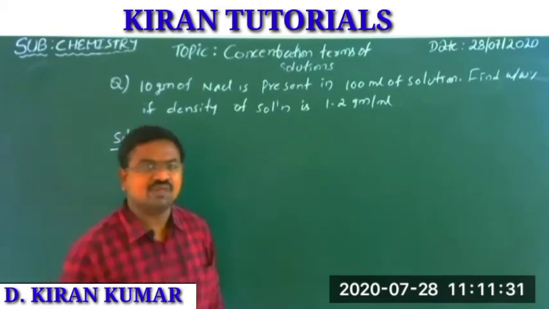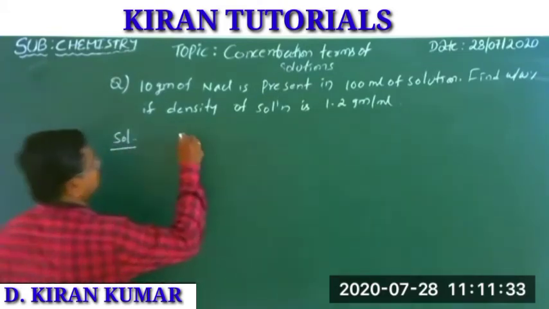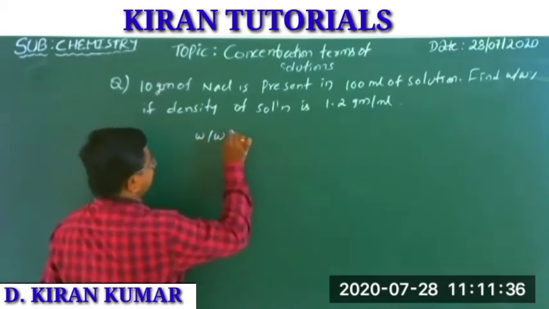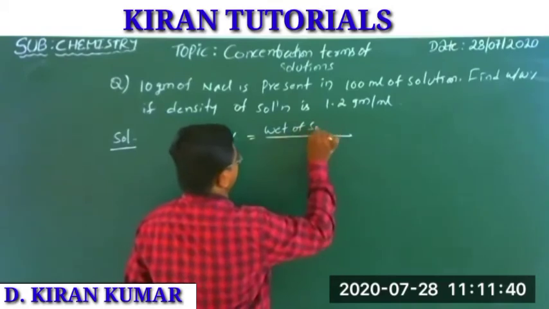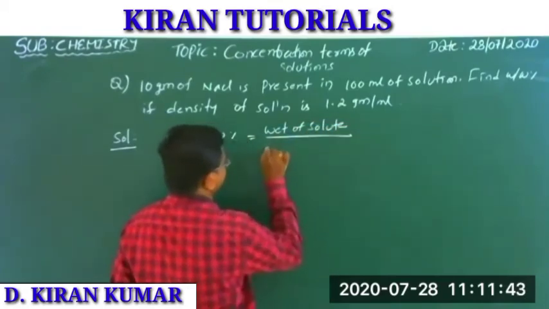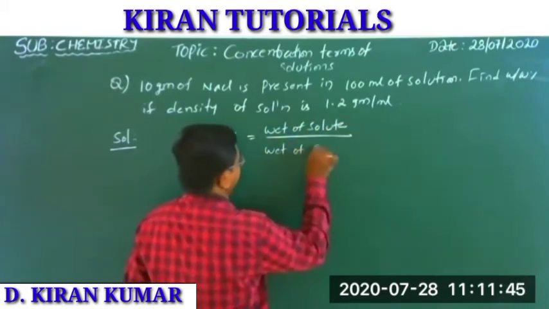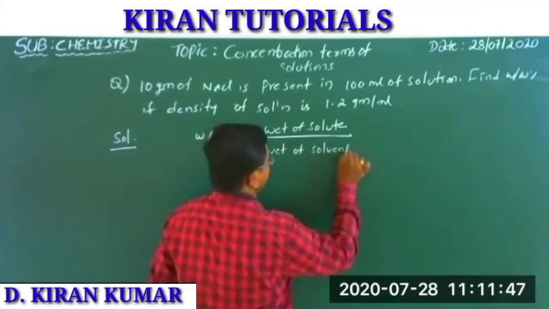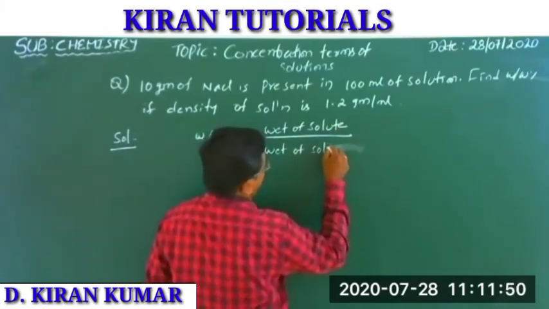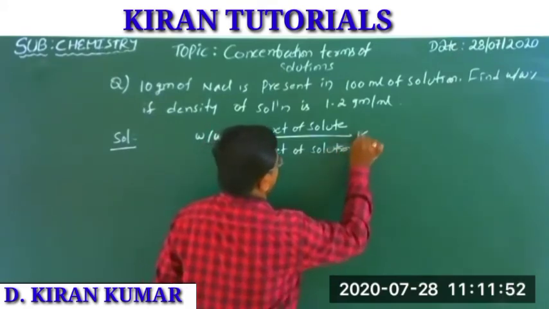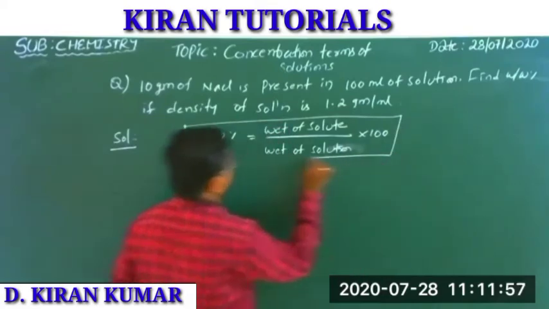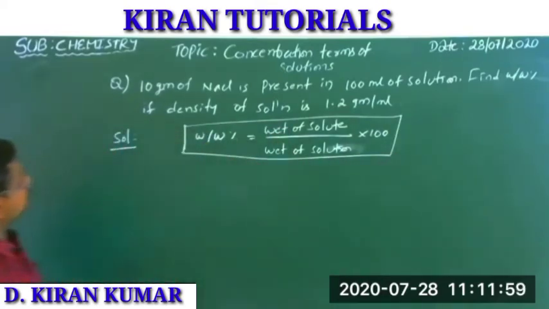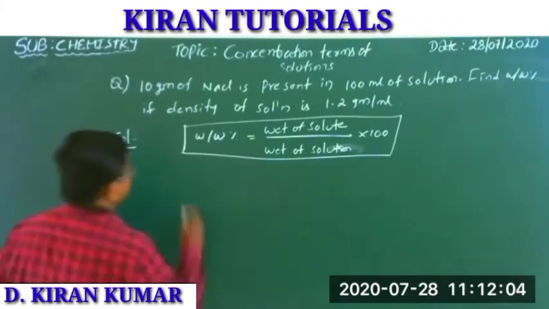What is the formula of weight by weight percent? Weight by weight percent is equal to weight of solute by weight of solution into 100. So this is the formula. But in the question, what is the formula?